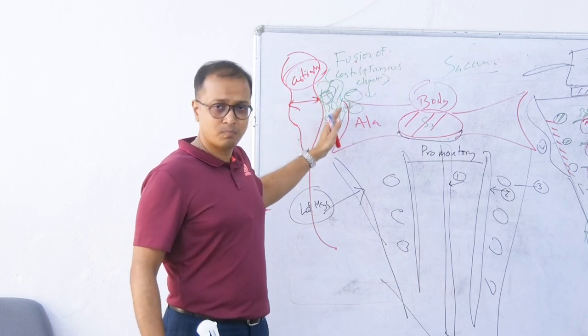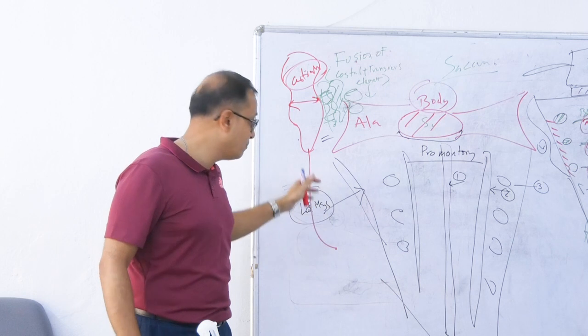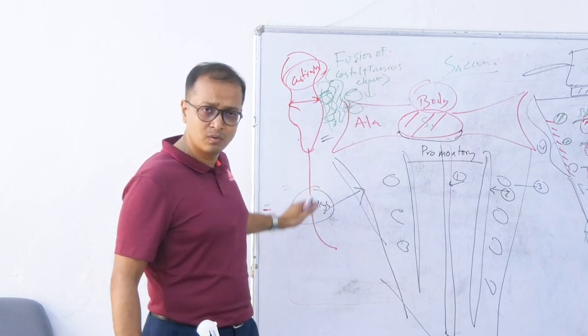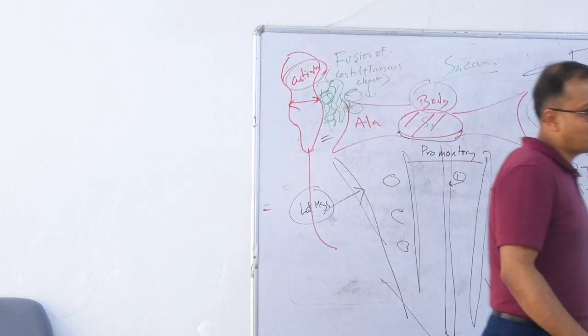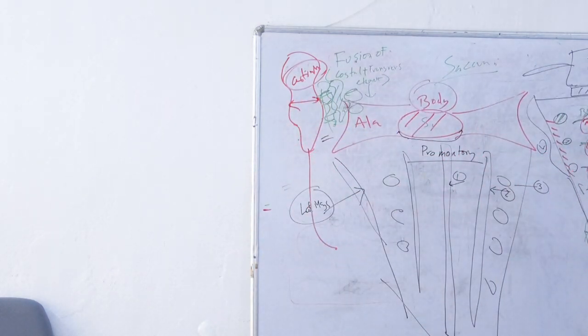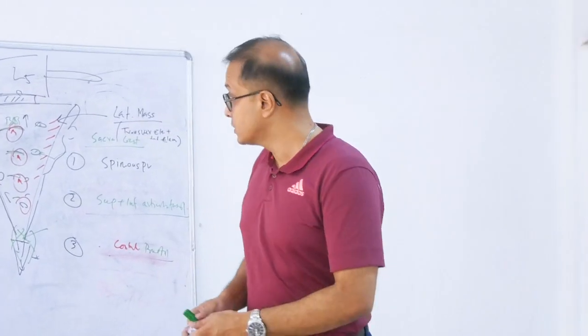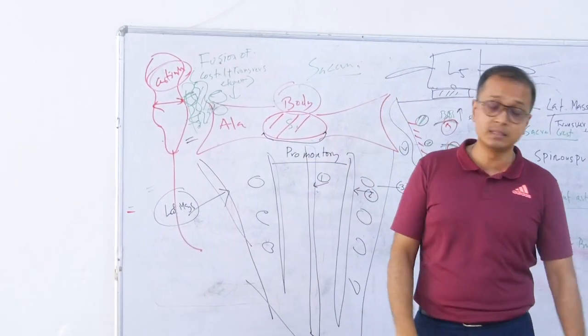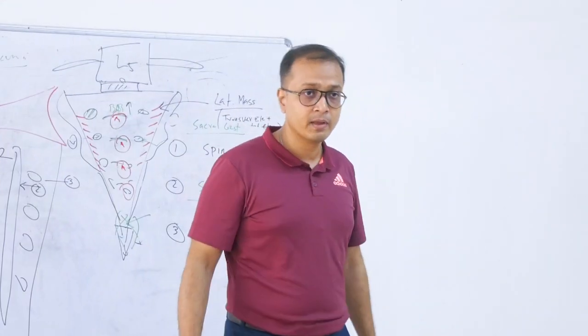Next to here we have this depression and elevation, and going down it becomes a line which doesn't have many features, but this line represents attachments of some muscles or some kind of fascial structure. This is what is present in these regions on this bone.